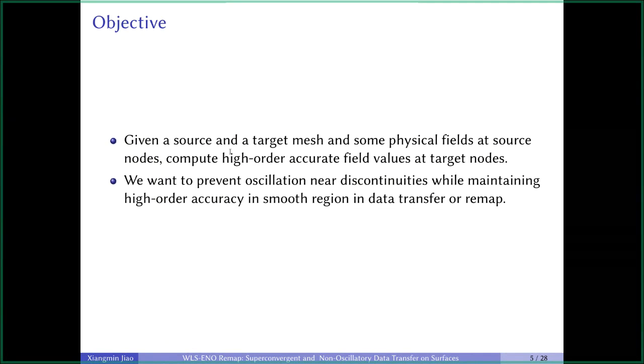Here, we solve the problem: given a source mesh and target mesh, and the function values on the source mesh at the nodes, how do we compute the values at target nodes to high order accuracy? Besides achieving high order accuracy, we don't want to have oscillations near discontinuities.